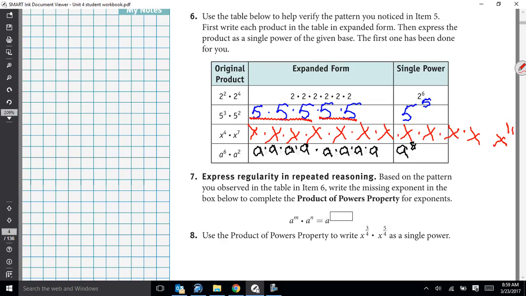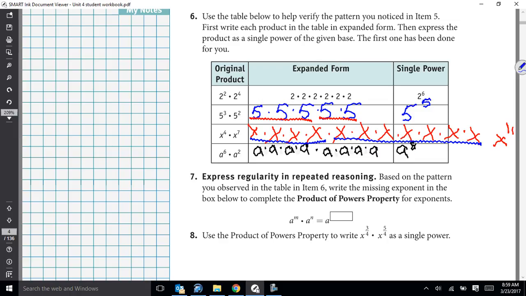All right, and what about in the next one where we have the x's? We have a total of 11 of them. We have our x to the 4th, represented by those first 4, and x to the 7th power here. And so when we combine them, we have a total of 11 x's being multiplied, or x to the 11th.